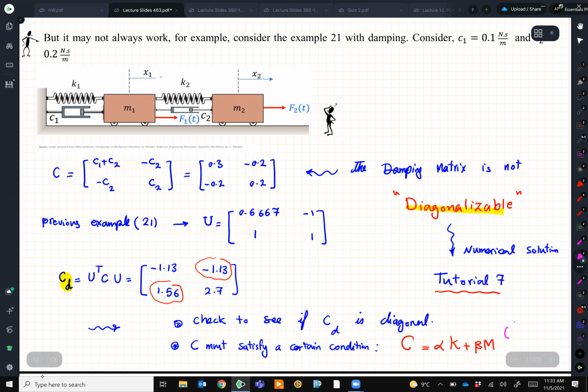It is called proportional damping. Like by chance, it happened that you deal with a system that your damping is proportional. It means that it is proportional to K and M, which rarely happens. That's why nobody cares so much. Sometimes you are lucky, the matrix will be diagonal, sometimes not. That's why the numerical solution is our friend.